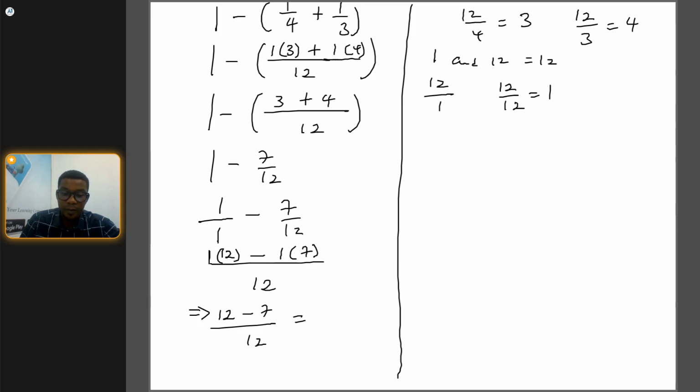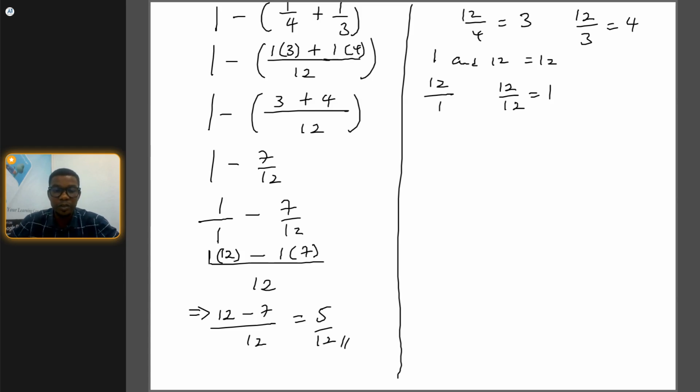Subtracting 7 from 12, we have 5 over 12. So the fraction left after she has spent on dress and book is 5 over 12.